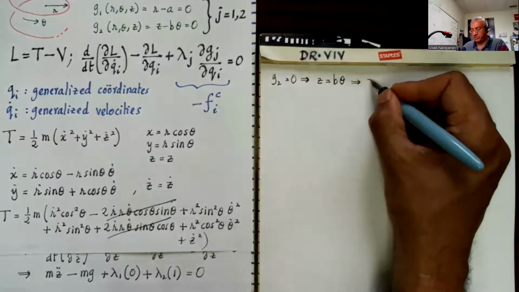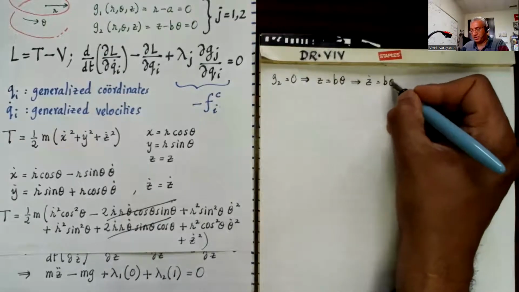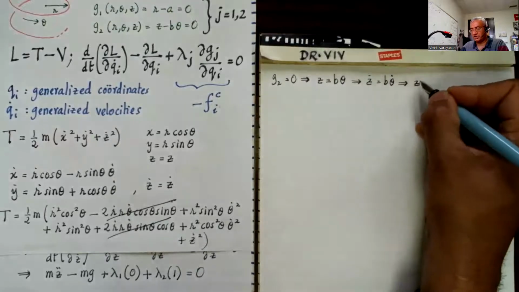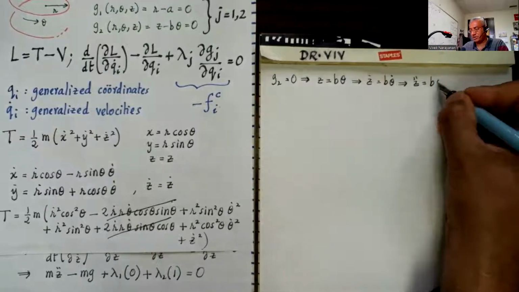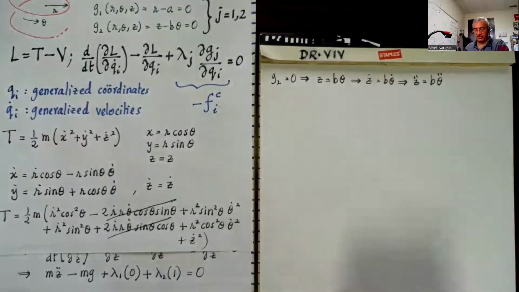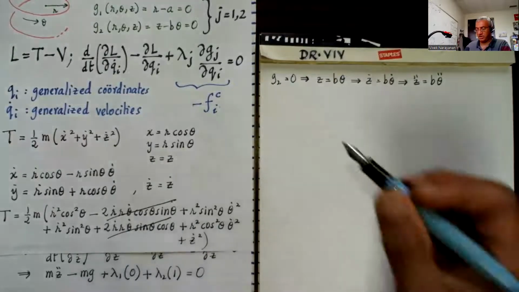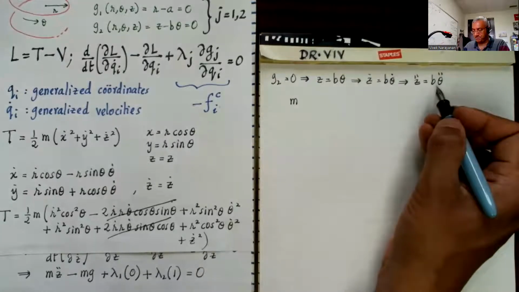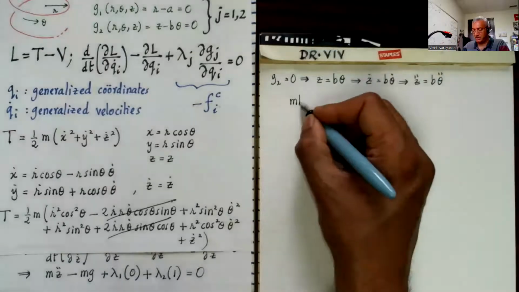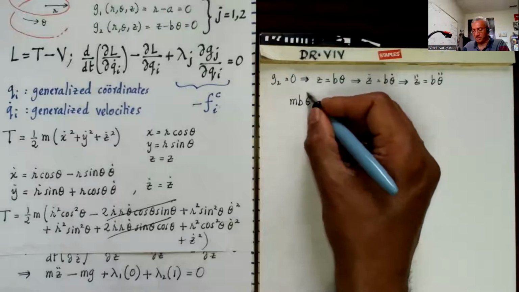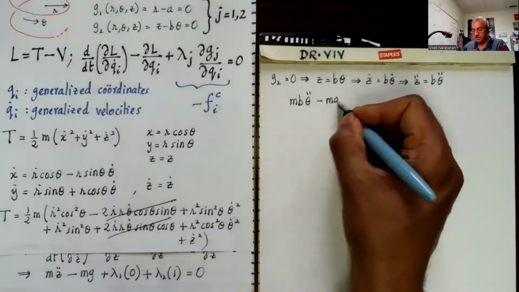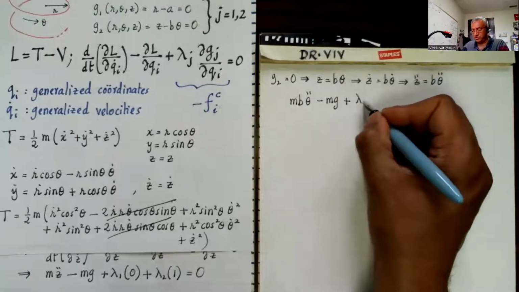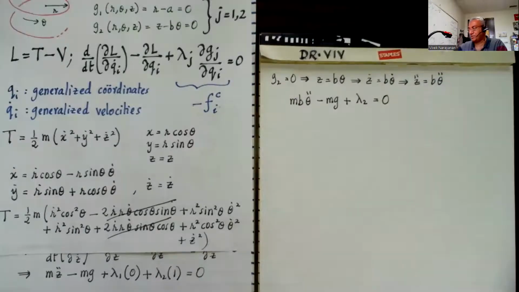That tells me also that z dot is b theta dot and z double dot is b theta double dot. So instead of z double dot, I can write m times b theta double dot minus mg plus lambda 2 equal to 0. That's going to be my third equation.